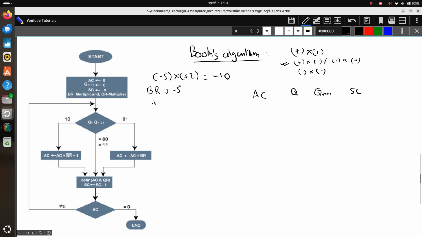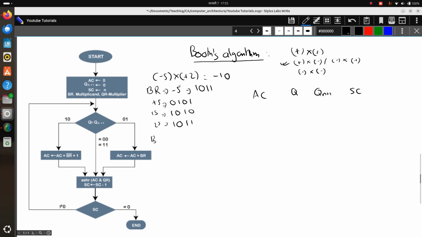So first of all, we'll represent plus 5. This is going to be 0, 1, 0, 1. We'll take a 1's complement of this value, 1, 0, 1, 0, and then we'll take a 2's complement of this, 1, 0, 1 and 1. So BR is equal to minus 5, which is equivalent to 1, 0, 1 and 1.